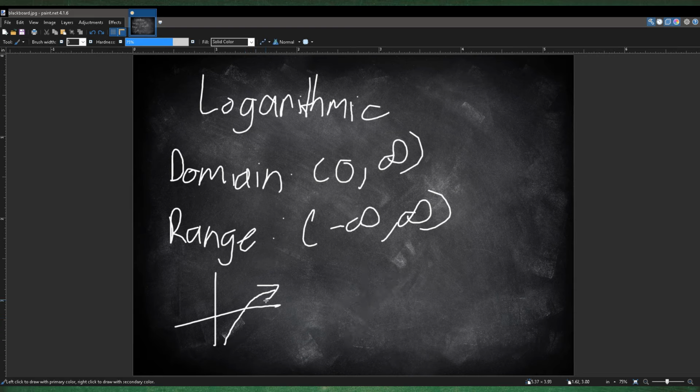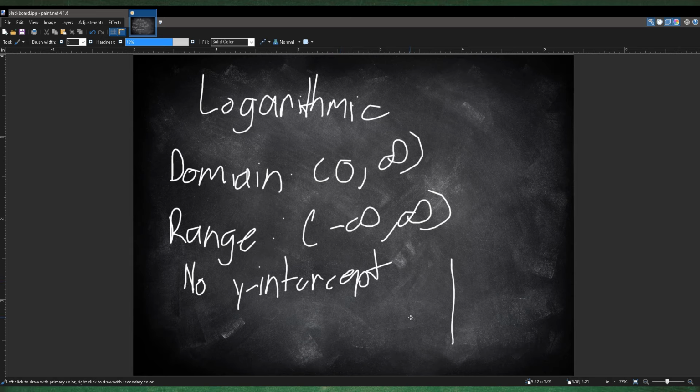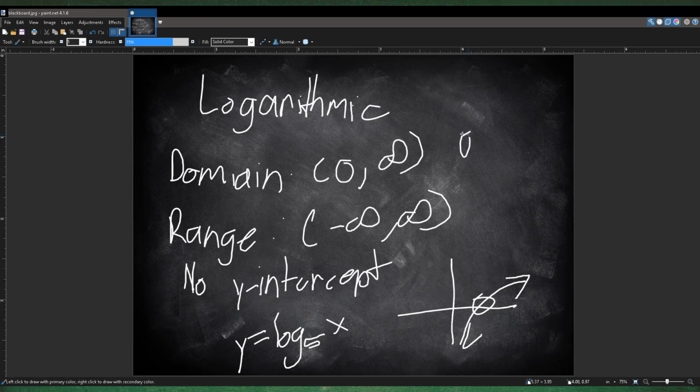So a logarithmic function has no y-intercept. Now we're going to talk about its x-intercept. It usually only has one, right here. So you can just calculate it. If you have something like y is equal to log 5 of x, and you want to find when y is equal to 0, just put 0 is equal to log 5 of x.